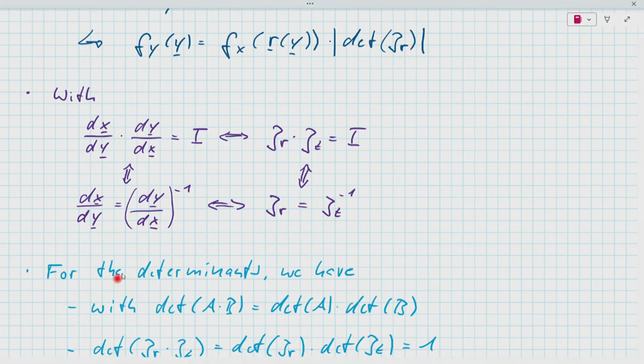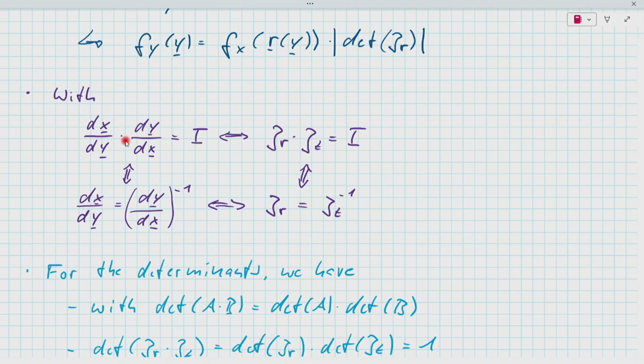I can just rewrite this. dx over dy times dy over dx is obviously equal to I, the identity matrix. So this is equivalent to J with respect to the reverse mapping times J with respect to the forward mapping is also the identity matrix. From here, I see that Jr is equal to Jt to the minus 1.